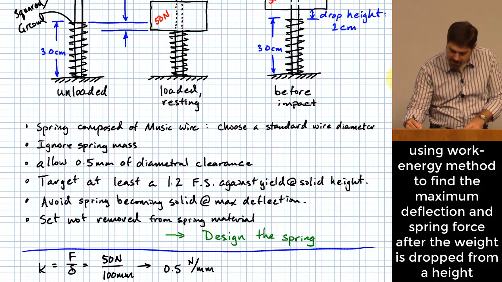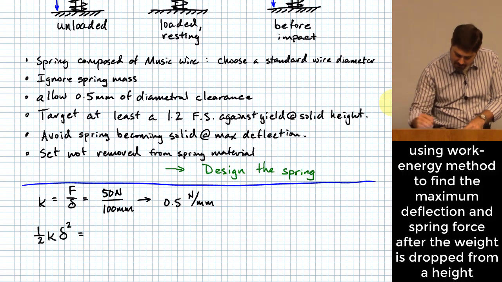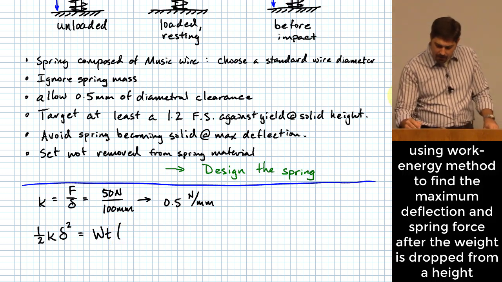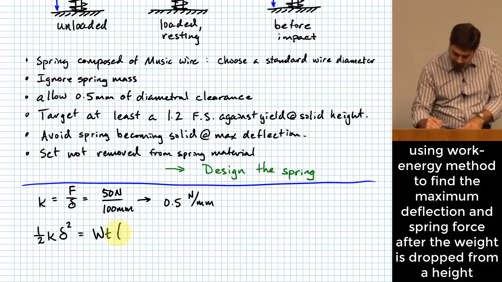Or m times g is just the weight of the thing, so it's just going to be equal to 50 newtons. Okay, or maybe I'll just do it in variables first. Weight times, and then here we want to have the total height change.